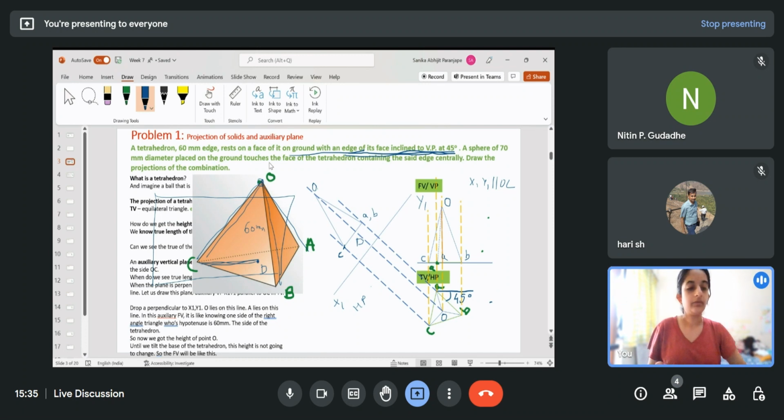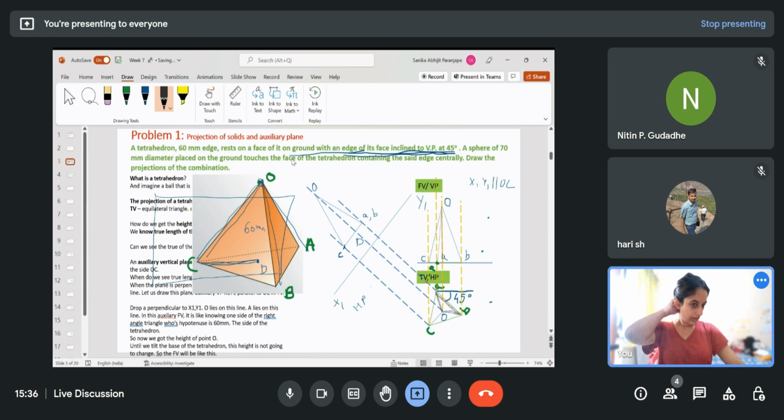Okay, when will I have that? Which two faces do I want the true angle between? I want it between this face and the horizontal plane. So what does that mean? I want a plane that is perpendicular to the horizontal plane and perpendicular to this plane OAB.